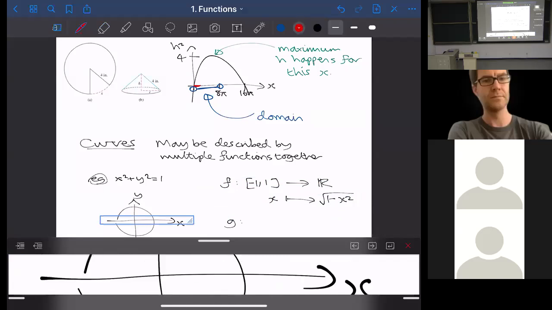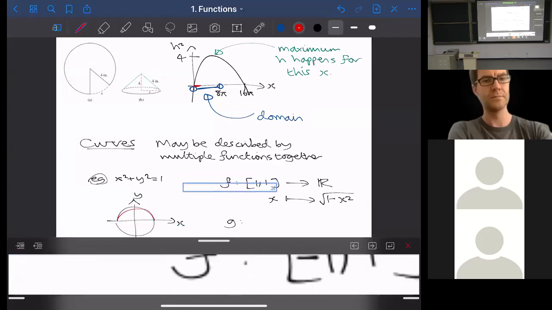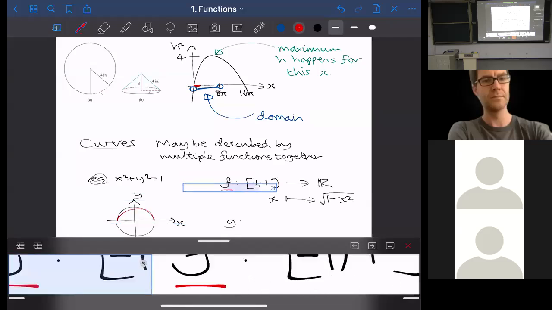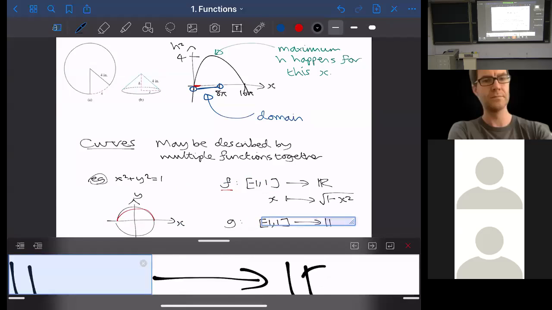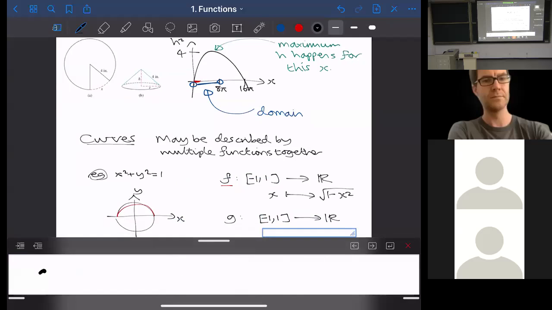So this function f makes the top half of a circle like this. And then we can write a function g to make the bottom half of our circle, like this.